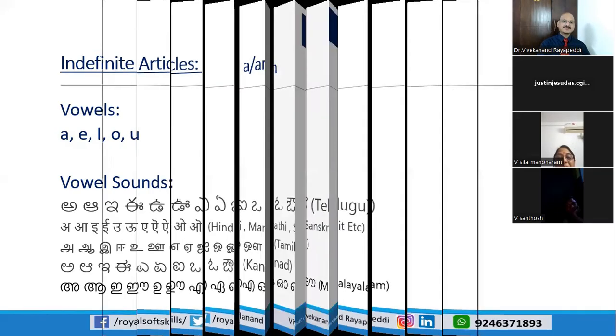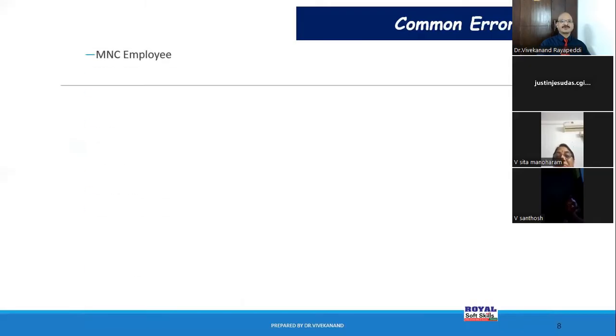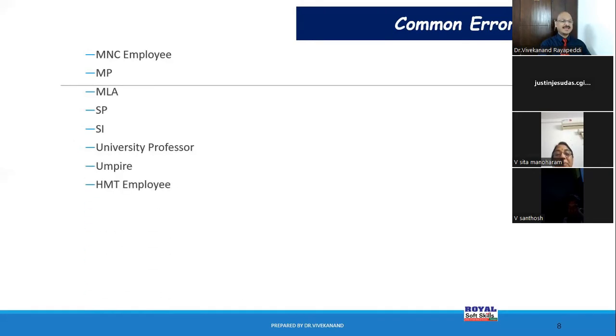Now, here are some examples. An MNC employee, an MP, an MLA, an SP, an SI, a university professor. You see, a university professor. An umpire, an HMT employee. Now this alphabet H, most people pronounce it wrongly, especially in Karnataka and the Telugu states.